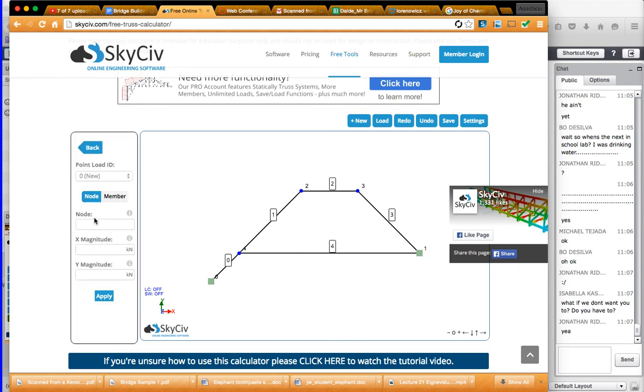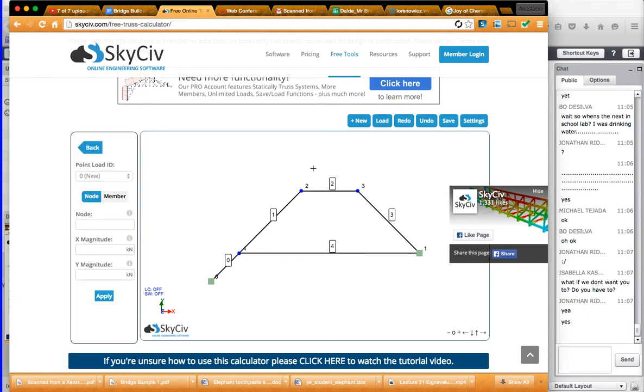So I'm going to go to this thing called point loads. I want to push down with 15 kilograms of force, because in the rules for our bridge design it says your bridge needs to hold at least 15 kilograms. The problem is they don't have things in kilograms here. They have things in kilonewtons.